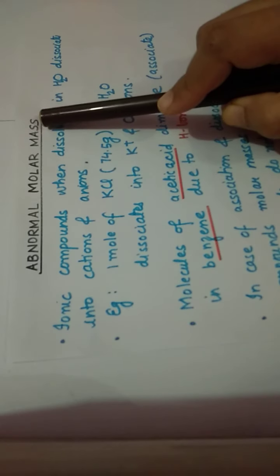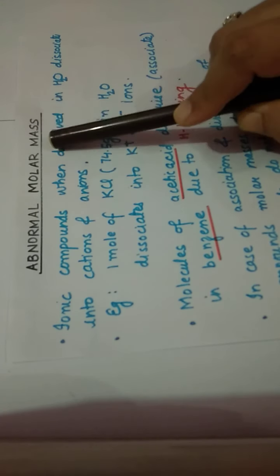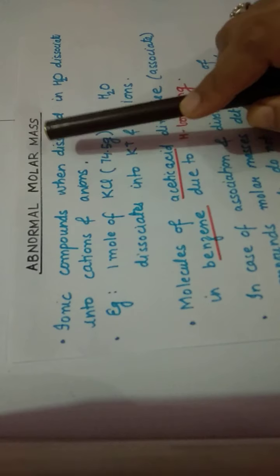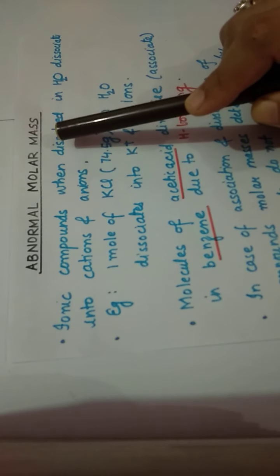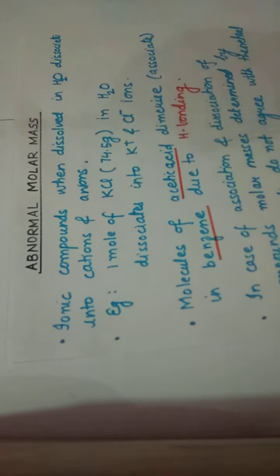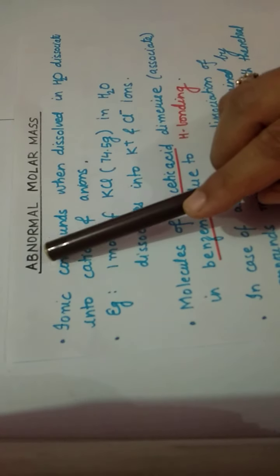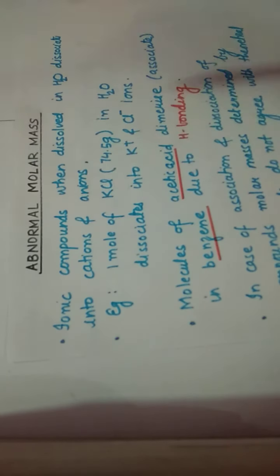Either the molar mass will be greater than the original molar mass, or it can be smaller than the original molar mass of any compound. Whenever there is an increase or a decrease in the original molar mass of any compound, that is known as abnormal molar mass.